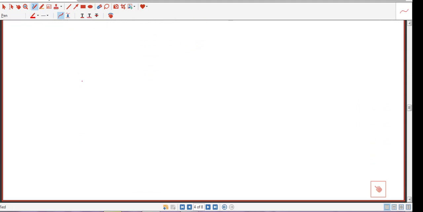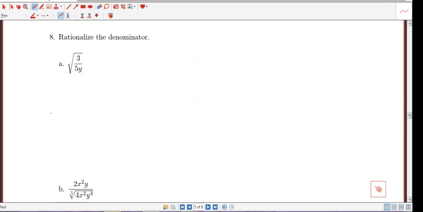Okay, moving right along. Rationalize the denominator. Rationalize the denominator means you don't want to see a square root on the denominator, so you need to get rid of it.